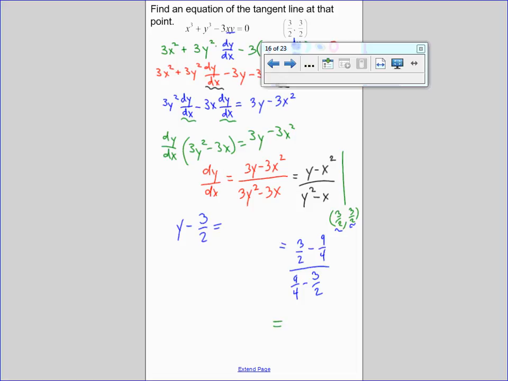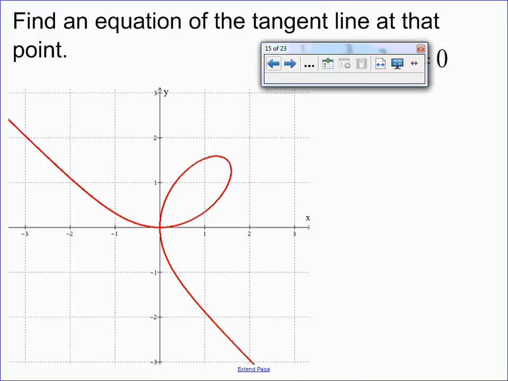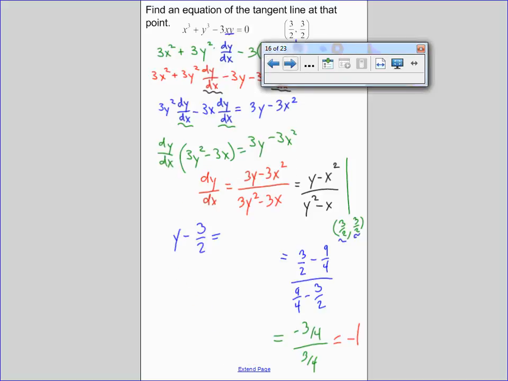So I get 6/4 minus 9/4 is negative 3/4, over 9/4 minus 6/4 is positive 3/4, which means my slope after all that is what? Negative 1. Could we have seen that even? It looks about, yeah, with the square window, it looks about negative 1. All right, so let's finish it out.